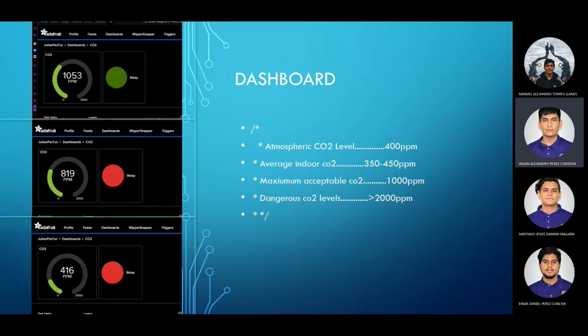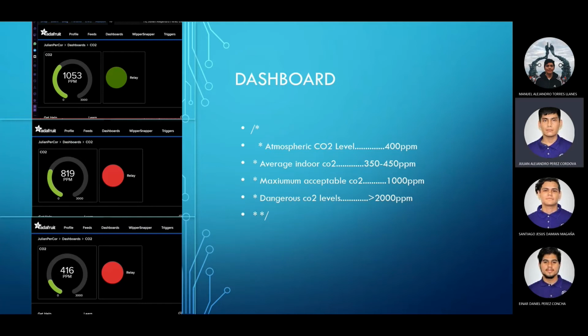So using this data, we designed a code in which when we surpass 1000 ppm, we trigger a relay that will trigger a motor, or will open the windows, so air can flow inside the room. As we can see here, we have three measures.